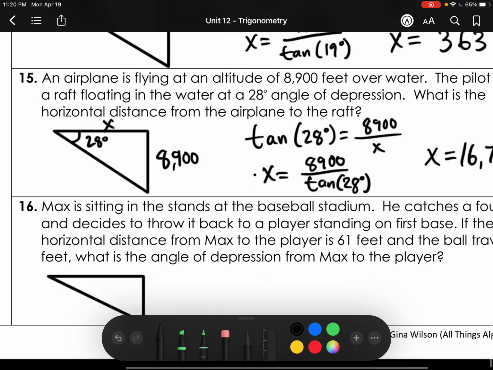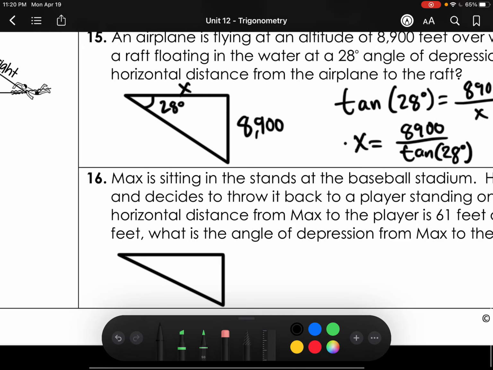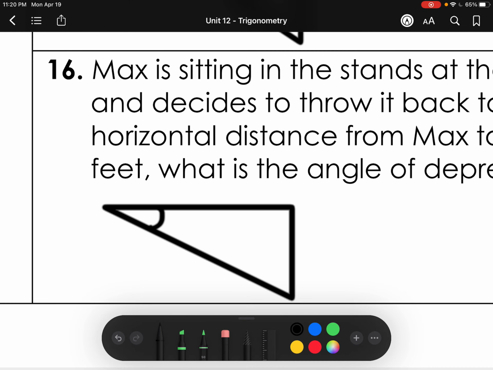All right, so we're going to be looking for the angle of depression, right? So this is the angle of depression. This is theta.